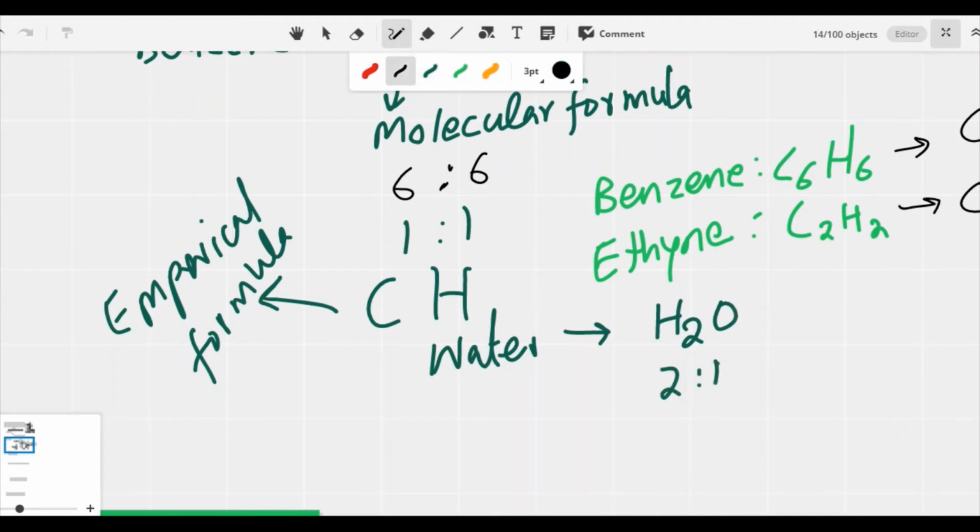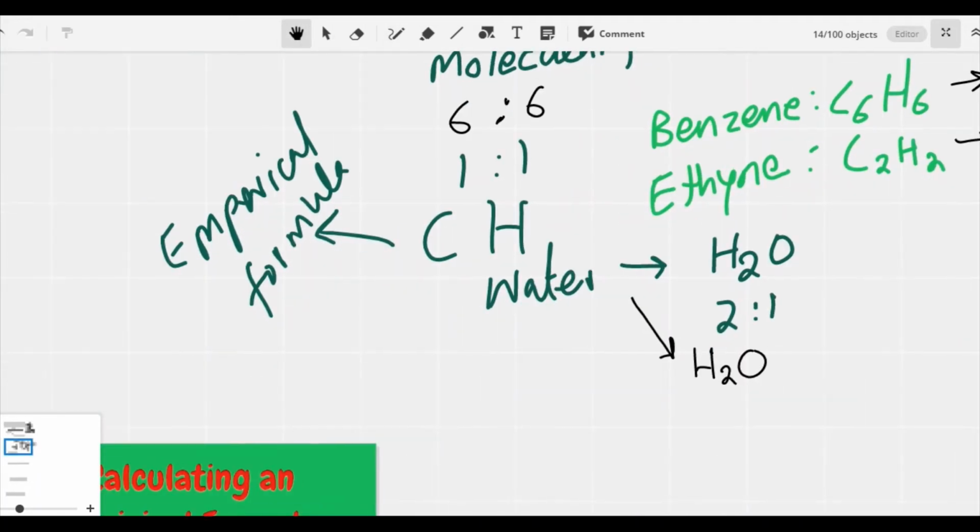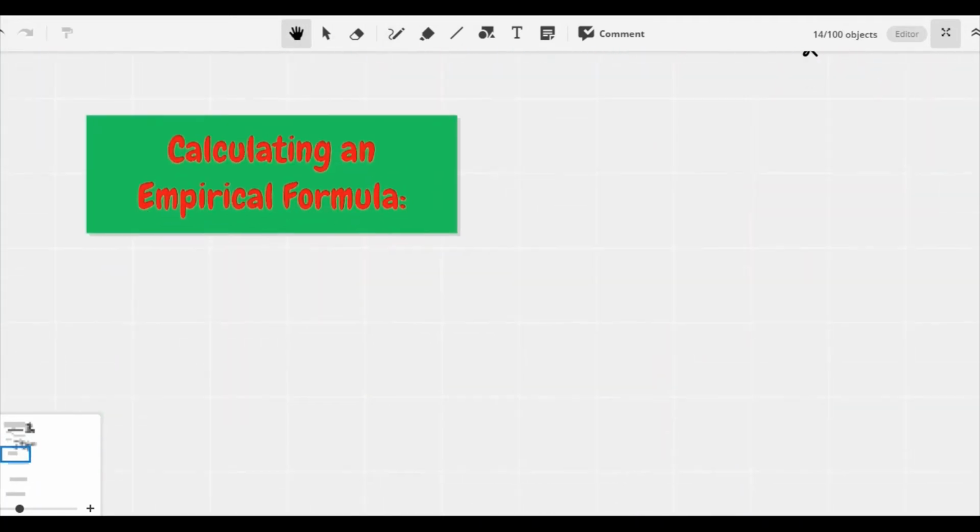That is the simplest ratio, so the empirical formula would also be H2O. So that is the difference between empirical formula and molecular formula. Now the question is, how can we calculate the empirical formula? Our next topic is calculating an empirical formula.